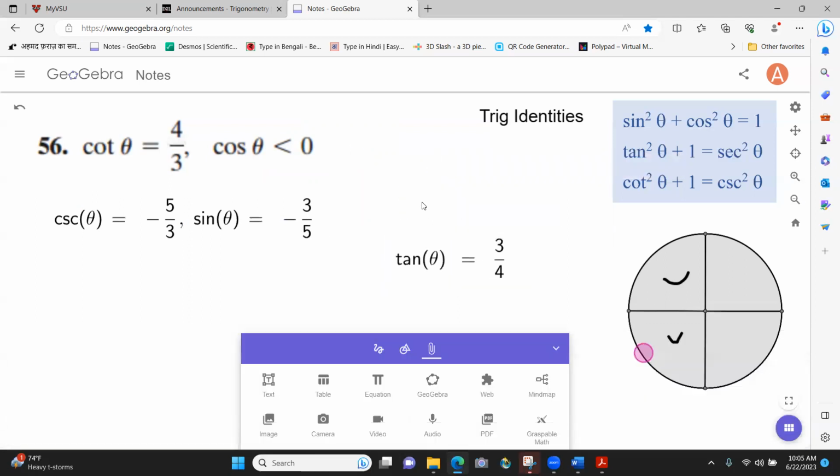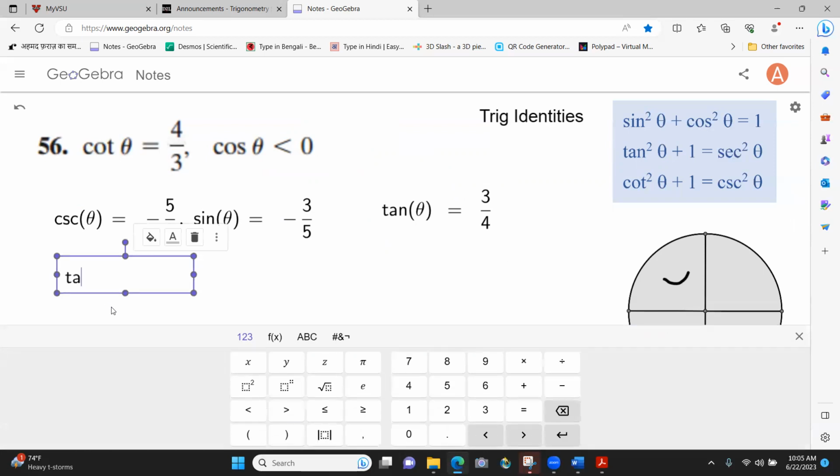Now, like before, I know tan, I know sine, I can find cosine. So I'm going to do that. I am going to claim, and as we know, tan theta is equal to sine theta over cosine theta. And what do I know? I know tan theta.